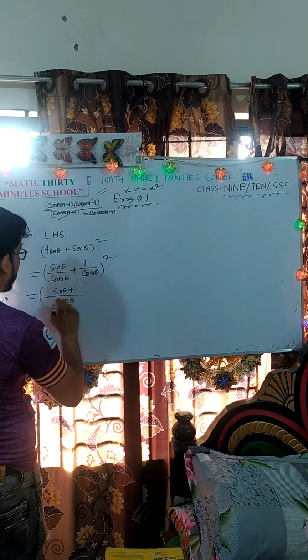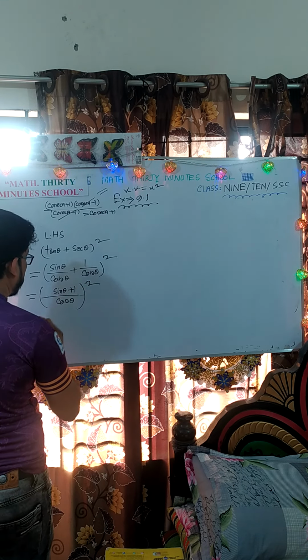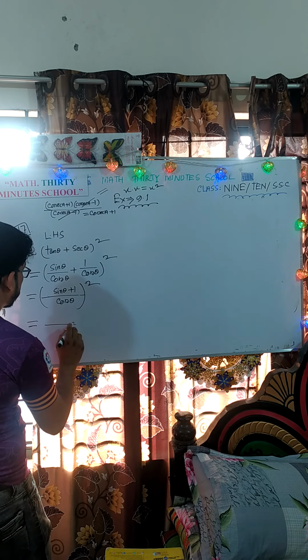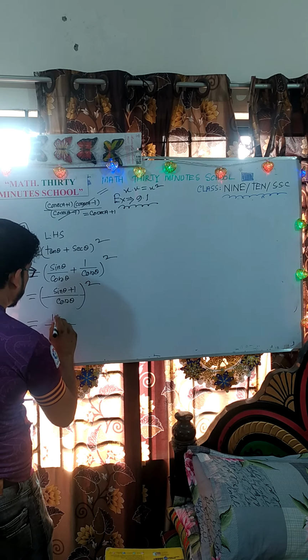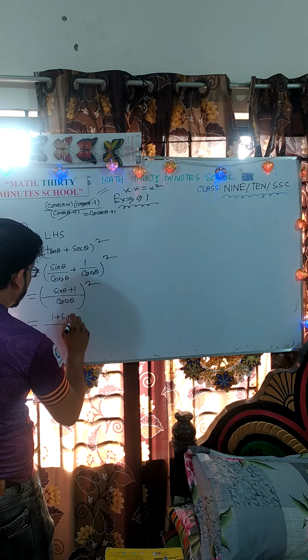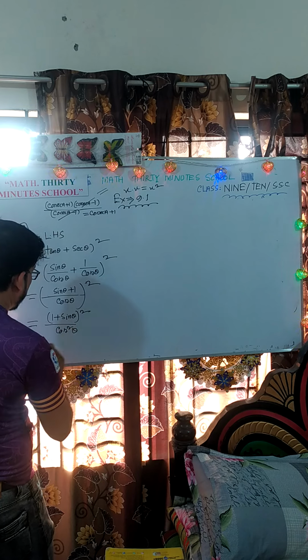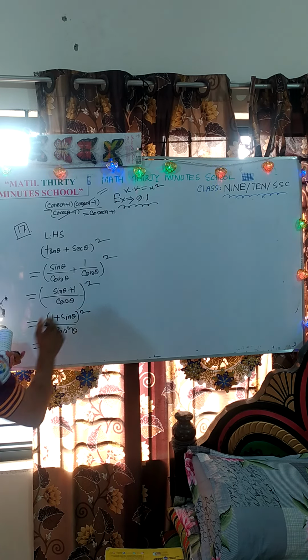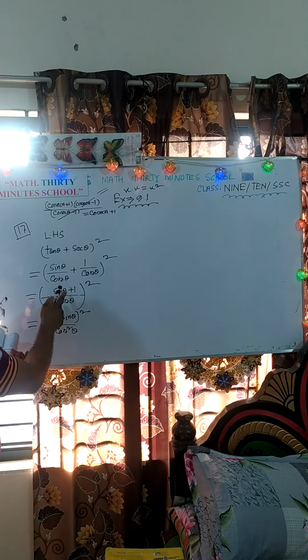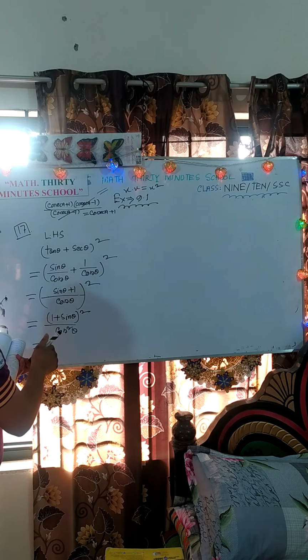You can keep a bracket including the numerator and denominator part. Now we can separate the whole square with the numerator expression sin theta plus 1, and also the denominator trigonometric ratio cos theta.